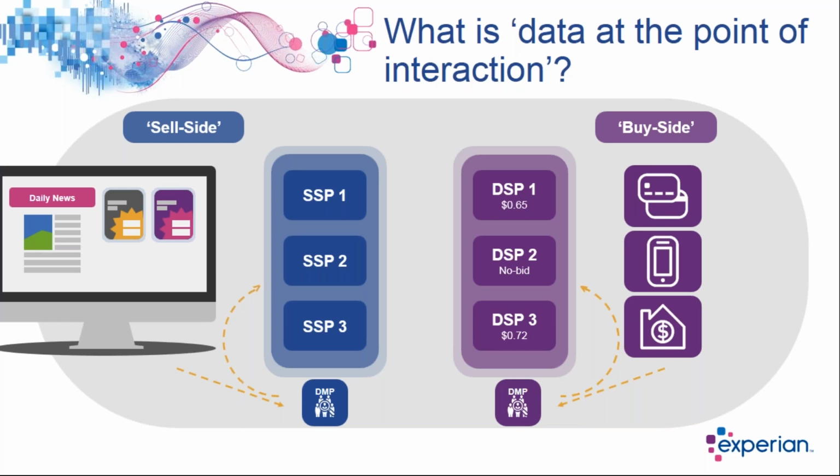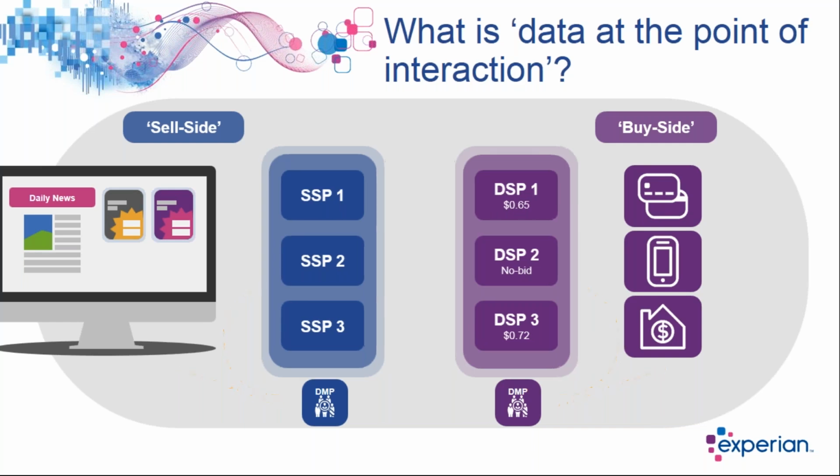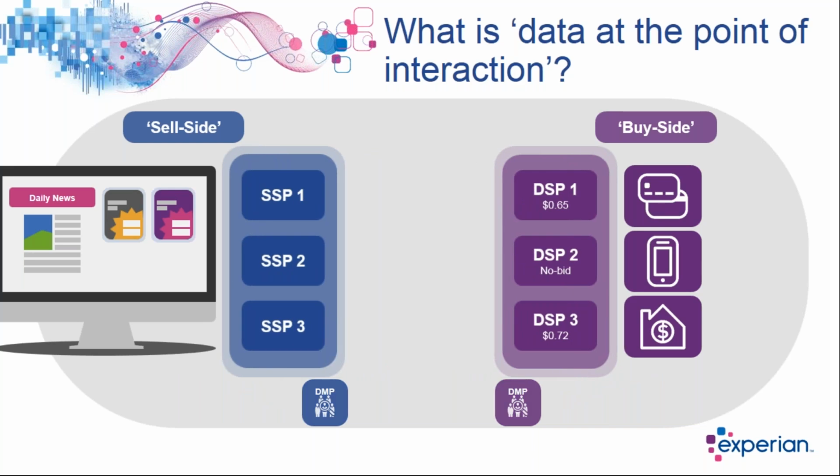So we've come up with a solution in partnership with the ad exchanges, and actually there are multiple other solutions that you can use. What we do is for the purposes of this, we'll remove the DMPs, although of course you would still use your DMP in practice. But what we do is we place all our data into the middle of the ecosystem in a process we call bid enrichment.